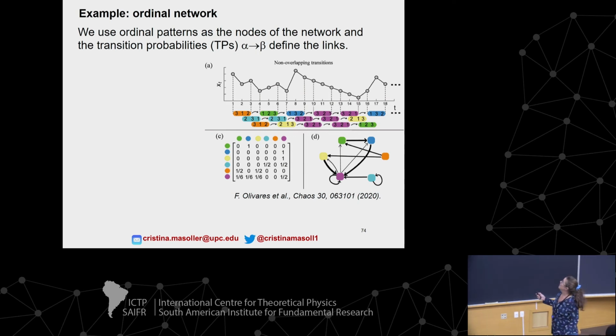You use the ordinal methodology to transform the time series into patterns: 3, 1, 2, 1, 2, 3, 1, 3, 2, and so on. And then you calculate the transition probabilities, the probability that pattern B comes after pattern A. So basically, the possible patterns are the nodes of the network.